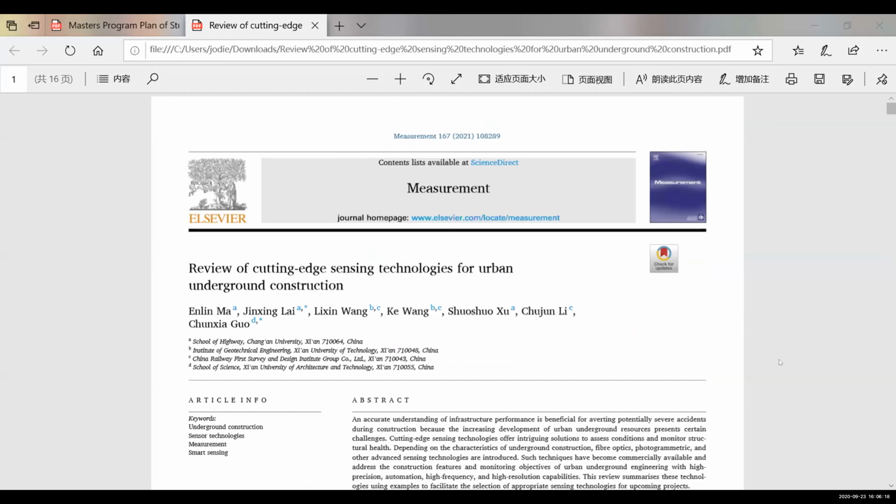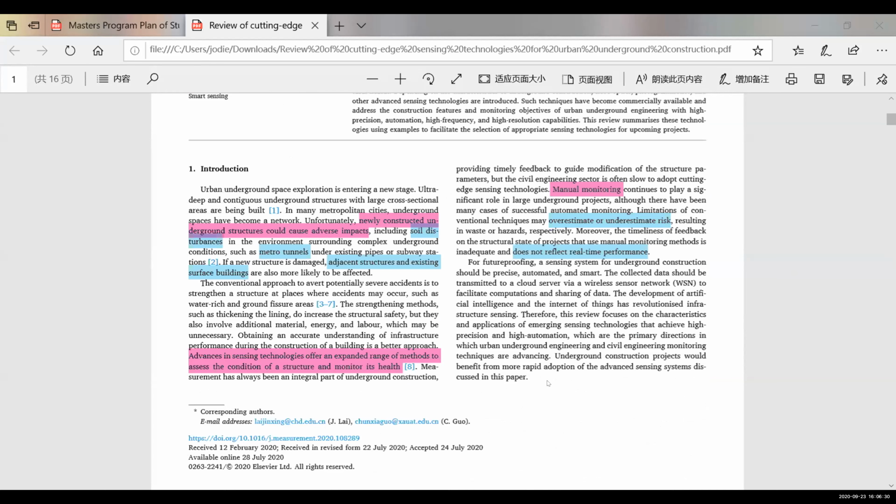First, in many metropolitan cities, underground space has become a network, and some big cities have already used underground space as subway stations, business streets, and also some parking lots.